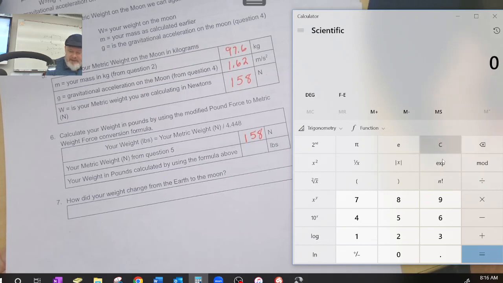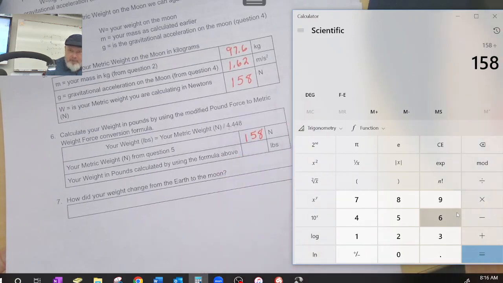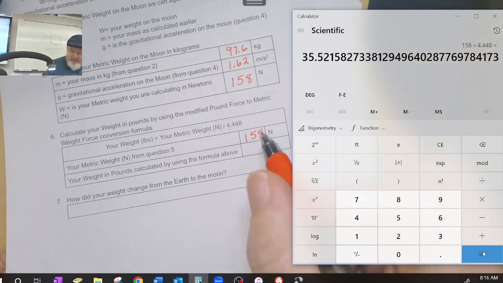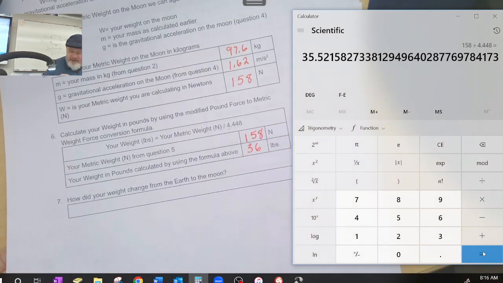So I'm going to clear this out. 158 divided by 4.448, I'm getting this number from right here. That's your conversion ratio. And what that comes out to is 36, I'm going to round off to the nearest whole number, 36 pounds.